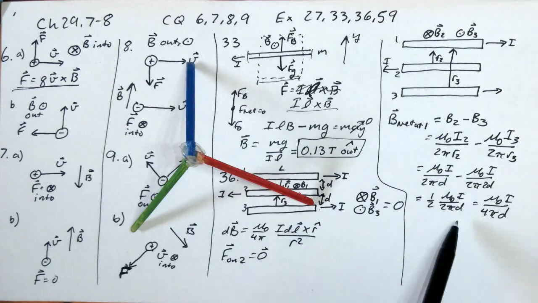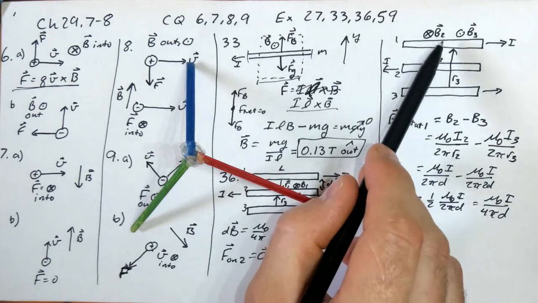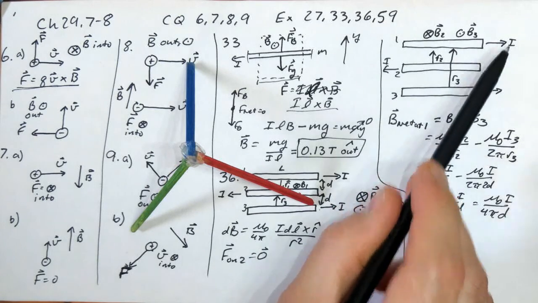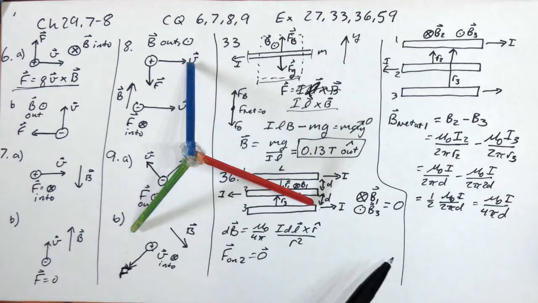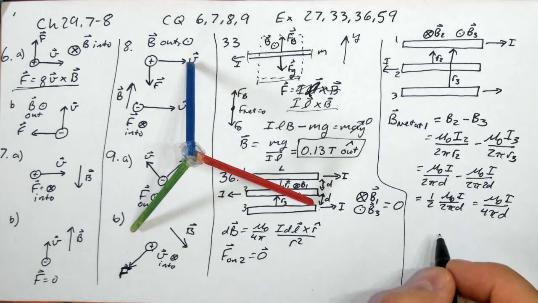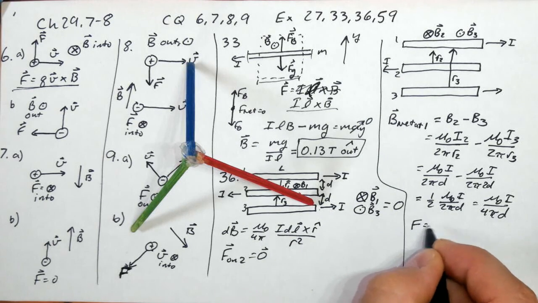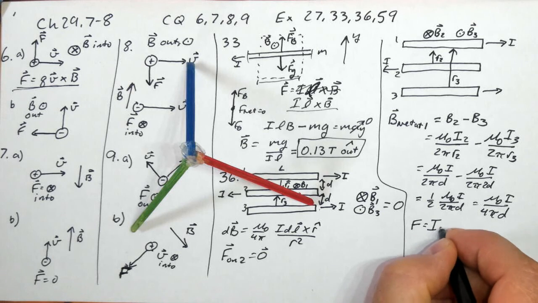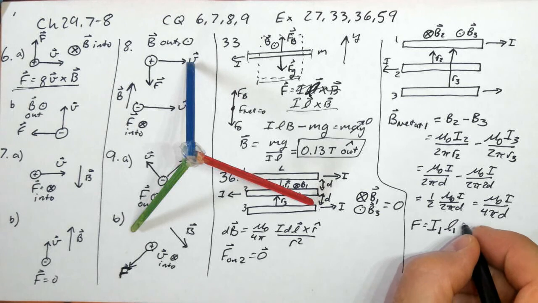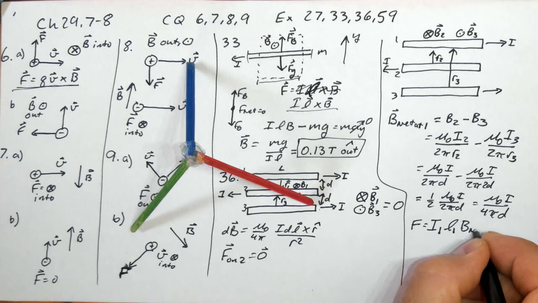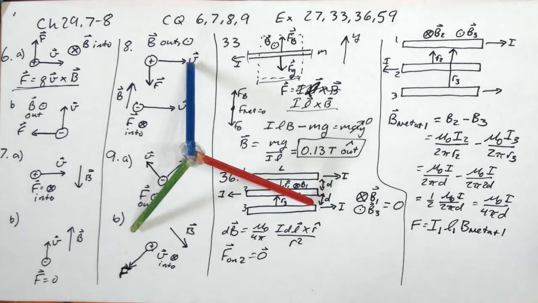Now that we have the B field, and it is perpendicular to this current, it's a positive value, which we chose into the page as positive, that's perpendicular to I. So what is the magnitude of that force? Well, F is going to be I1, then L1, then cross B, but that's 90 degrees, so I'll just say times B net at 1.